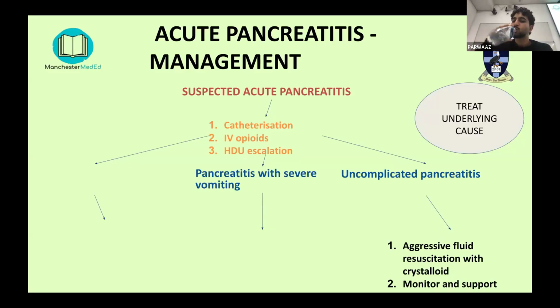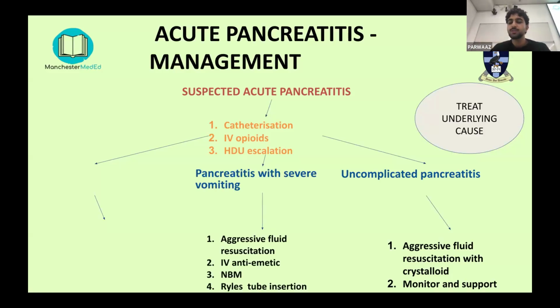Okay. So any patient with severe vomiting and pancreatitis, essentially do the same things, but this time antiemetic, so cyclizine. I love cyclizine. Keep them nil by mouth, so if they need any surgery in the future, and a Ryle's tube insertion, only if they're vomiting severely.